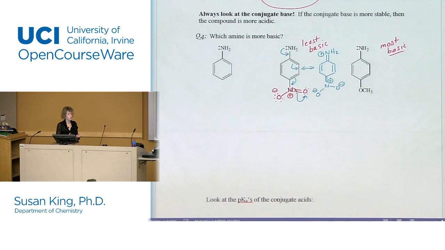If you have that situation, it makes for something that's very stable because one of the groups is pushing electrons and the other one is pulling them. So the electron rich is feeding right into the electron poor, and that makes for an especially stable resonance. So here we have an extra, especially stable resonance structure.